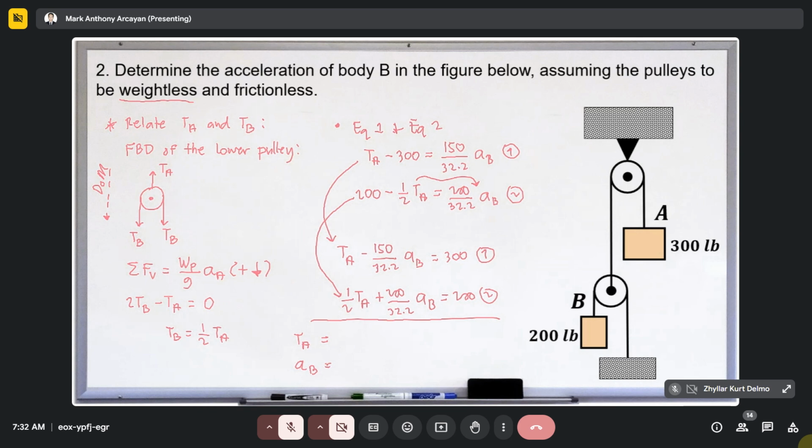This will go to the two equations, two unknowns solver. Input the coefficients: TA 1, negative 150 divided by 32.2, then 200, then 1 half, then 200 divided by 32.2, and then 200.